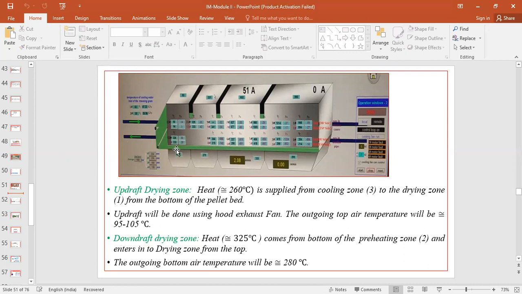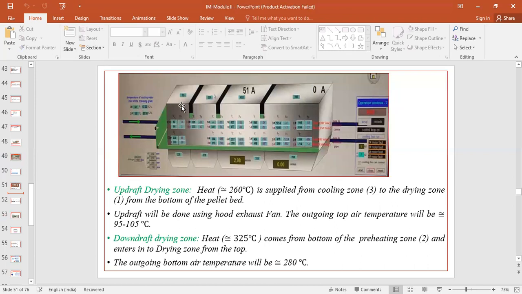And when the heat travels through the bed of solids, a certain amount of heat is transferred from the gas to the solid. So there is a heat transfer taking place, because of which a certain amount of heat loss may take place.